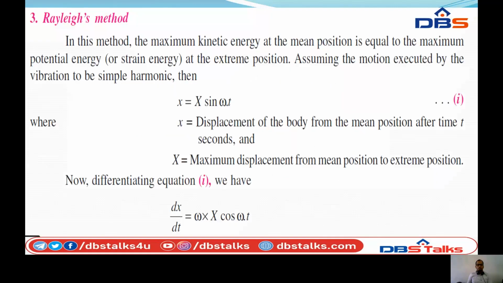And one more important method is the energy method. Energy means we are calculating the kinetic energy and potential energy. When we consider free vibrations, no energy is transferred to the system or from the system.